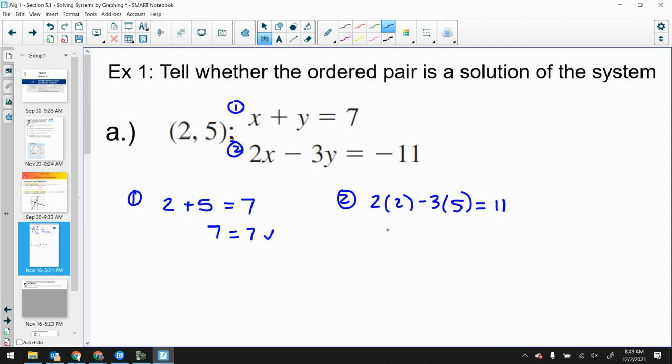Let's check. 2 times 2 is 4. 3 times 5 is 15. Oh, sorry, negative 11. I was going to say, I think this one should have worked out. 4 minus 15 is negative 11. That checks out. So is 2 comma 5 the point where these two lines cross? Yes, it is. Because I see that this is a solution to both of these equations. So we say, yes, it is a solution.